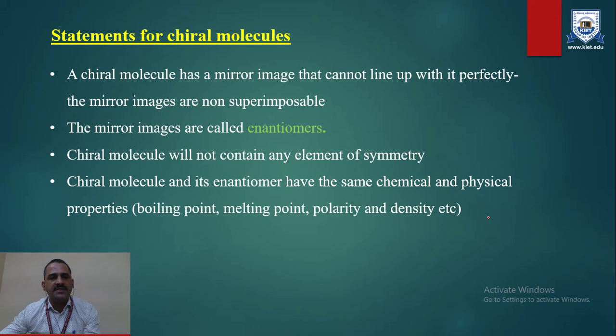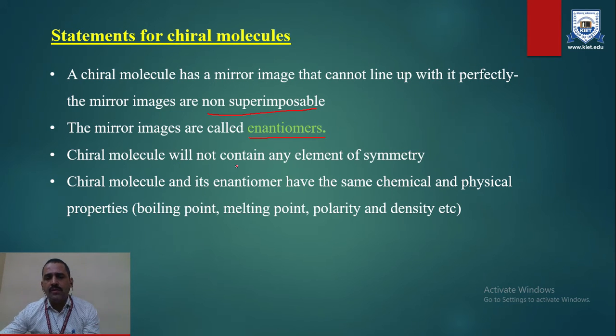Here we have some statements for the chiral molecule. A chiral molecule has a mirror image that cannot line up with it perfectly, meaning the two mirror images do not overlap. That's why it is non-superimposable in nature. The mirror images are also called enantiomers. Enantiomers are a type of isomers which are mirror images of each other, but both are non-superimposable.